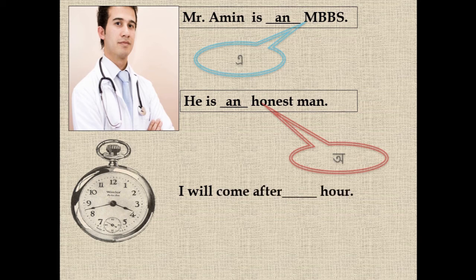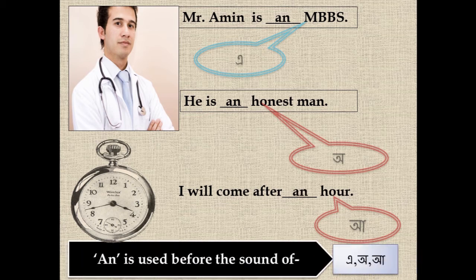I will come after an hour, not "hour" with an h sound. So it will be an. So an is used before the vowel sound of a, e, i, o.